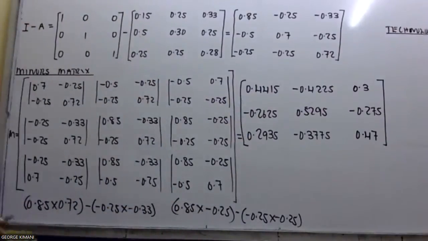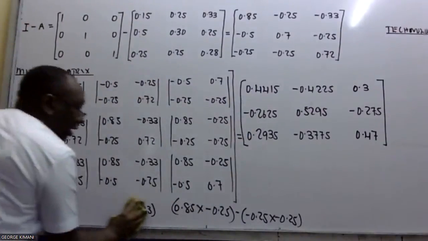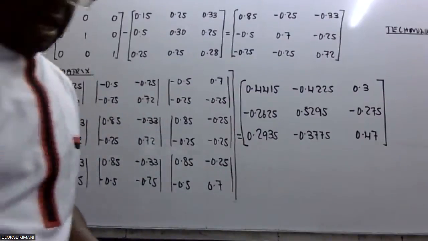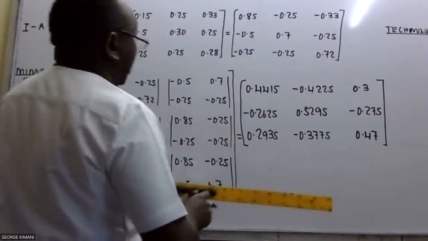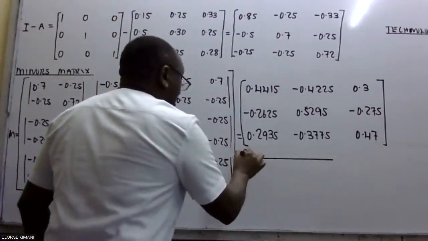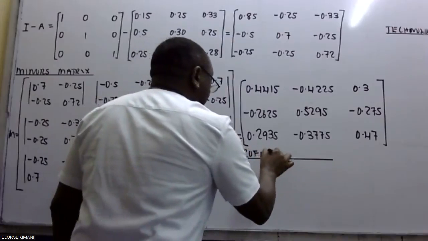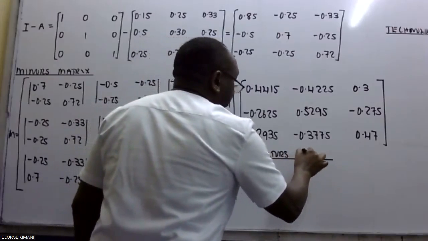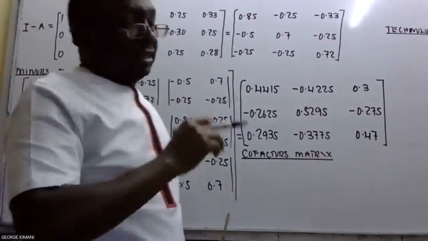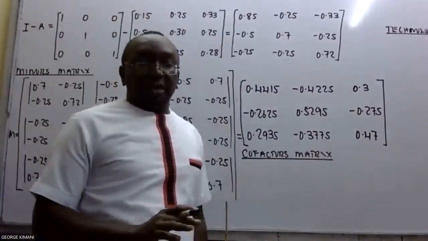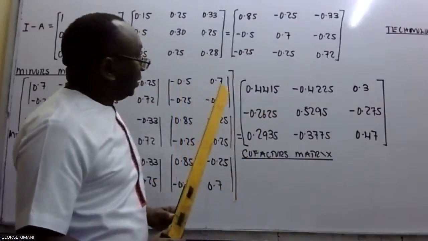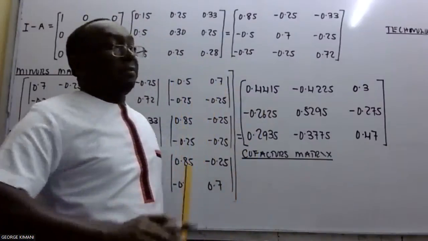Once you have gotten the minus matrix, we create another matrix known as the cofactors matrix. There are rules that we use to create a cofactors matrix, but for our case, let me explain.